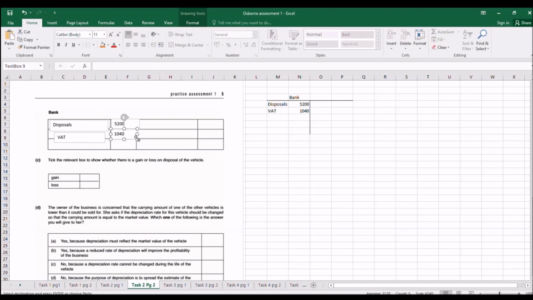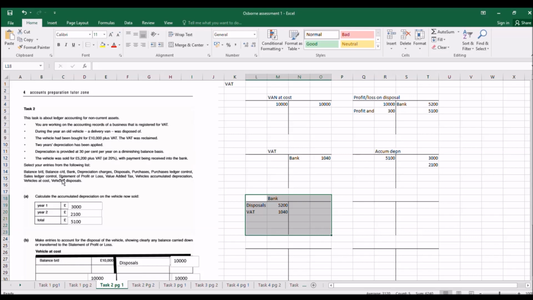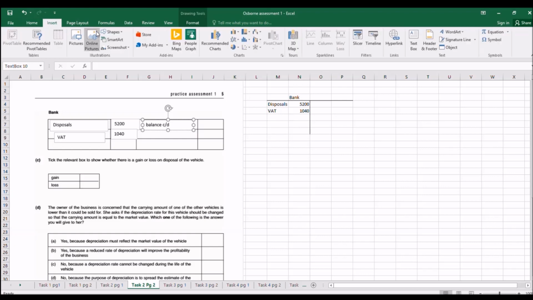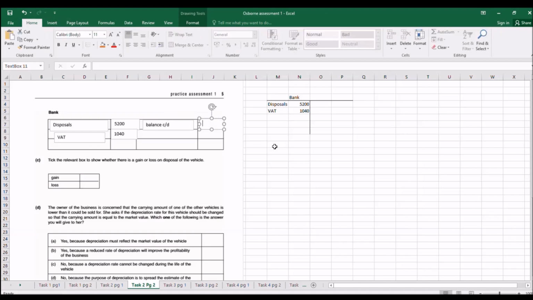VAT 1040 in here, and over on this side is going to be the balance carry down. Let's just check what we're supposed to call it. Balance carry down. Okay. There's a little slash there, and that would be 6,400. Also 6240 there. Those figures there. Then we put 6240 here and 6240 there. So that's our thing there.